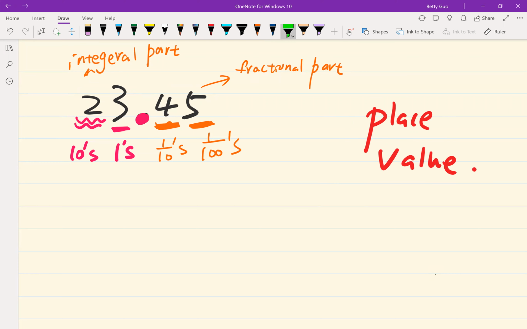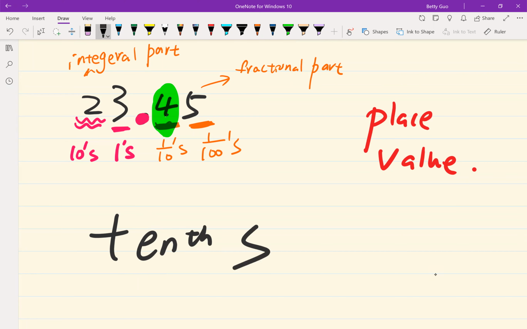Look at the place right next to the separator, to the right of it. That place value is tenth. Let me write it down: one tenth. When it comes to money, that place value is a dime, right? You have a 4 in that position, which means you have 4 dimes.